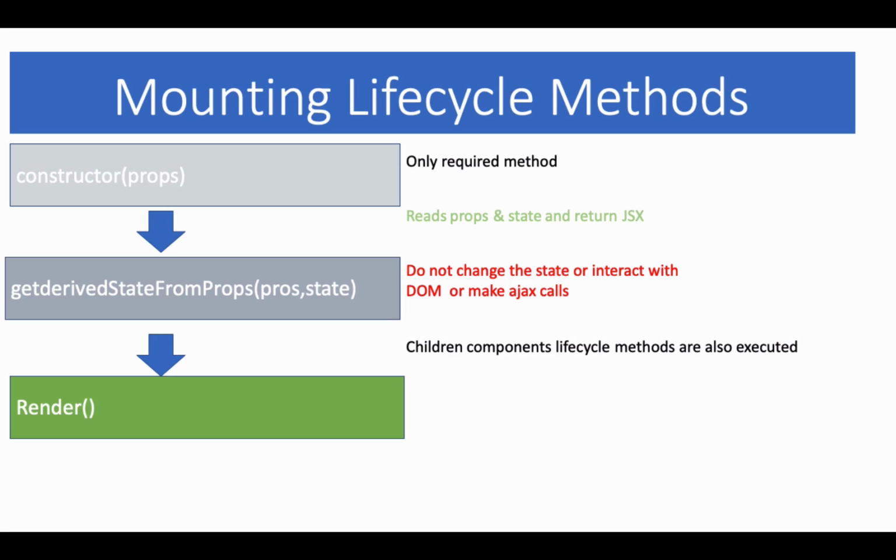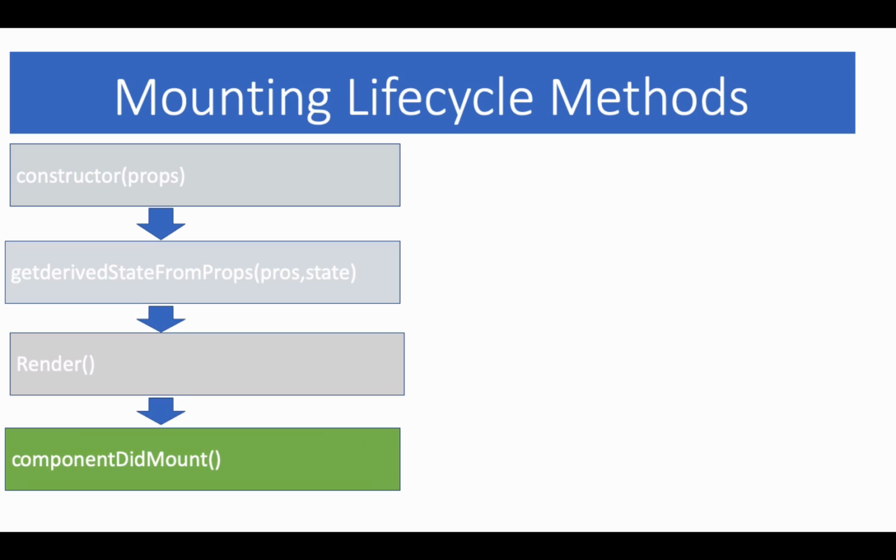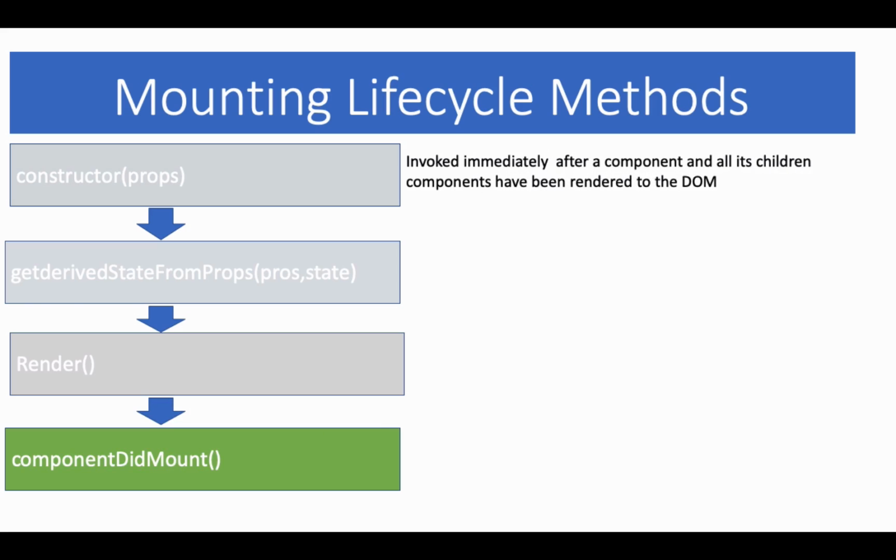And the last method is componentDidMount. This method is called once in the whole lifecycle of a given component, and it's invoked immediately after a component and all its children components have been rendered to the DOM. This is the perfect place to cause side effects.